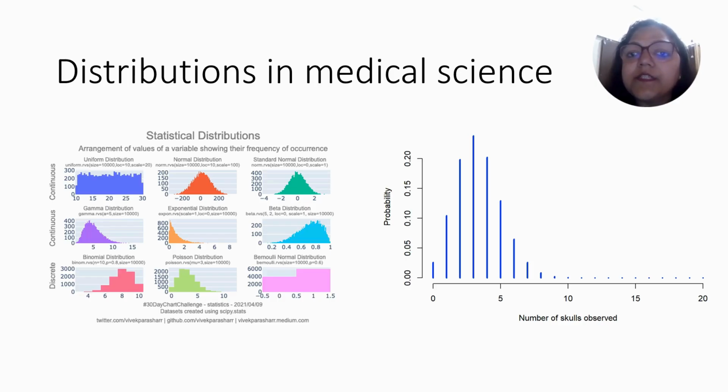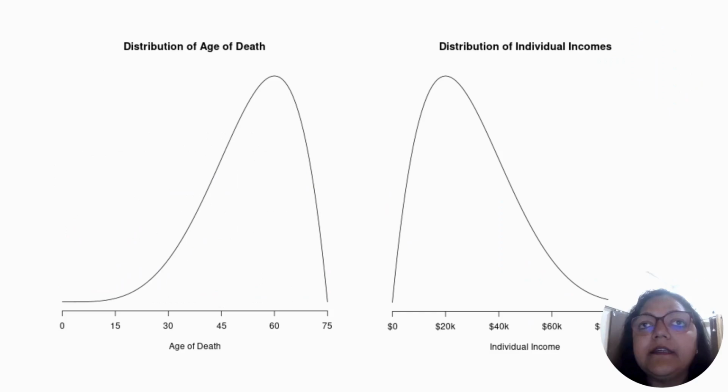Other distributions may be more stretched either to the left or the right-hand side, resulting in a phenomenon called skewness. If the distribution shifts more towards the left, it's called a negative skew, and if it shifts more to the right, it is called positive skew.